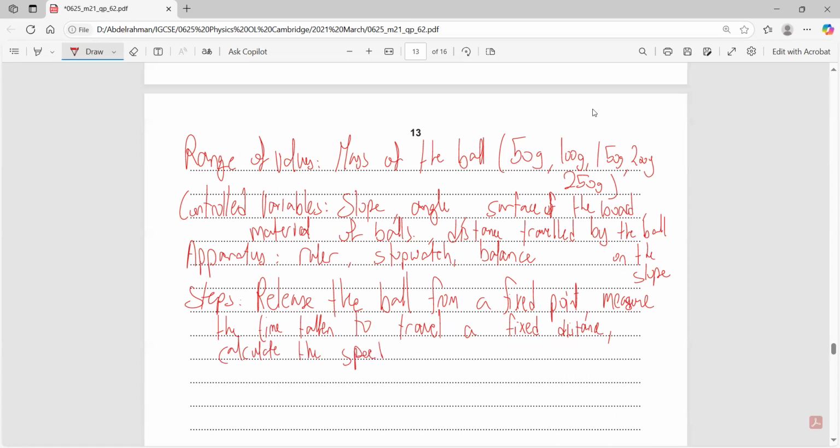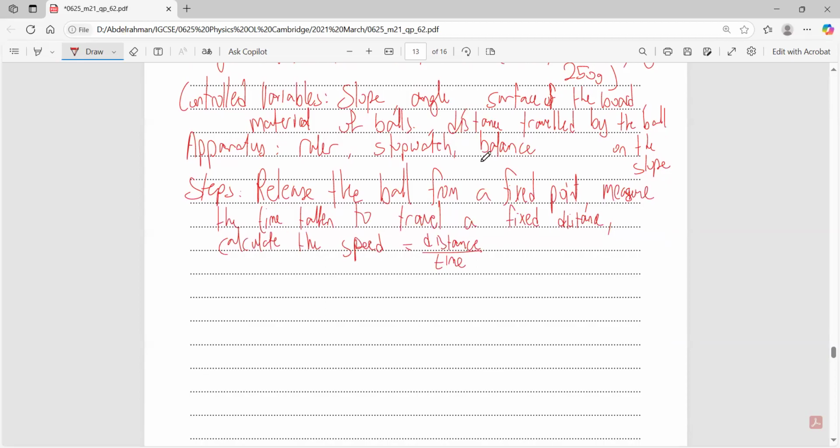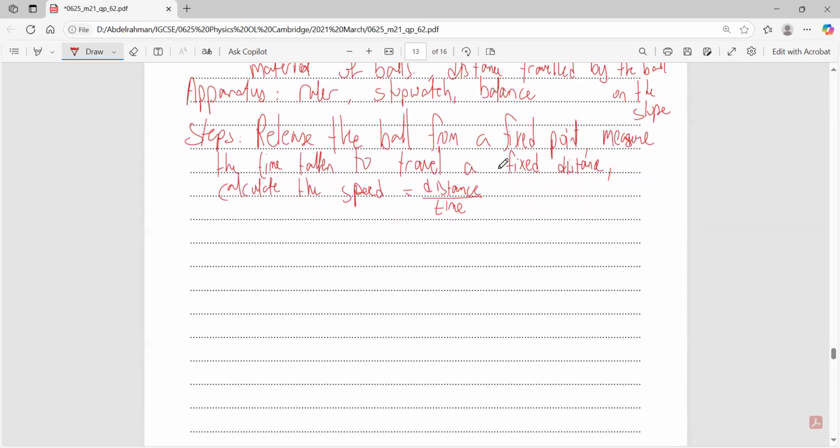Calculate the speed, which is equal to distance over time. You have to write down the equation. And then after you calculate the speed, repeat and take average.